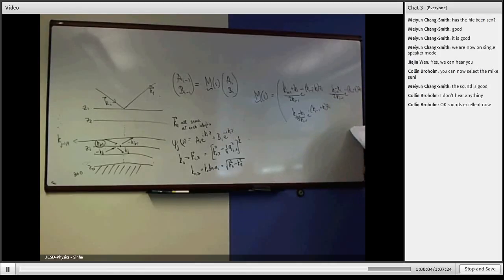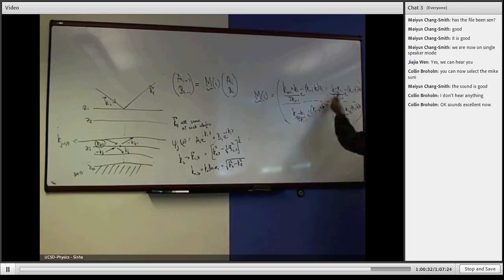And finally, in this one, ki minus 1 plus ki over 2 ki minus 1 times e to the plus i ki minus 1 minus ki times zi. And then this is this 2 by 2 matrix. So you can see that there's certain symmetry here.